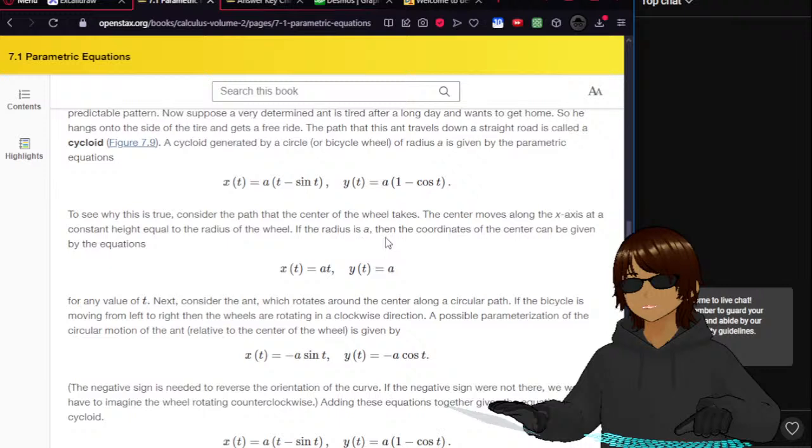The radius is a. The coordinates of the center can be given by the equations a t and a, for any value of t.